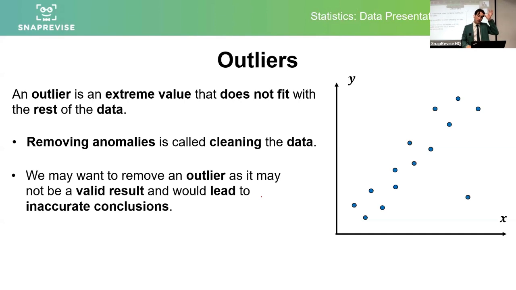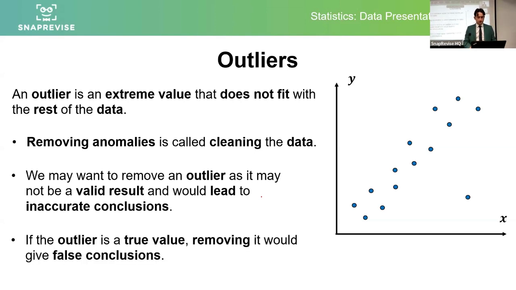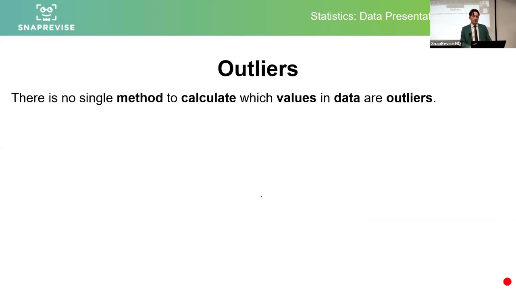And there's actually no set way of doing this. There's no single method to calculate where an outlier is. We have to sort of put parameters on this, and the way you do this will be told to you in the question. So sometimes people get a little bit flustered and think, oh, I can't remember the definition of how you work out an outlier. The question will give that to you.